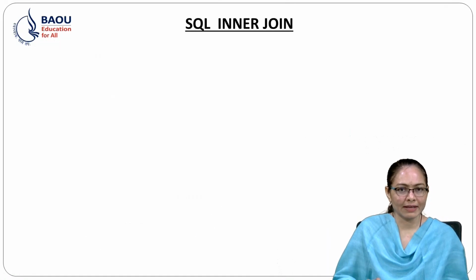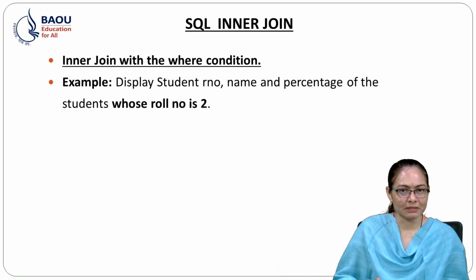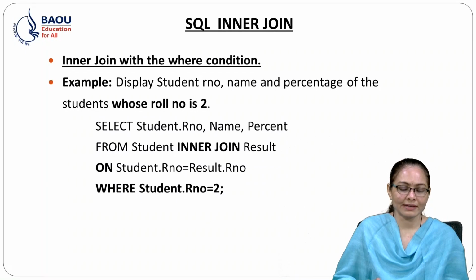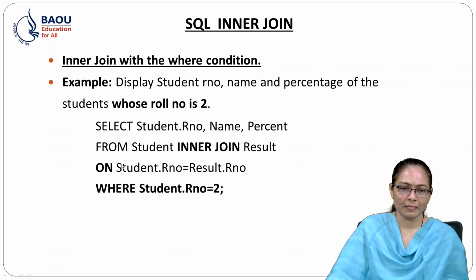Now inner join with the where condition. See in the example, display the student roll number, name and percentage of the student whose roll number is 2. Select student.roll number, name, percentage from the student inner join, or a comma, we can also use the comma, result on student.roll number is equal to result.roll number.